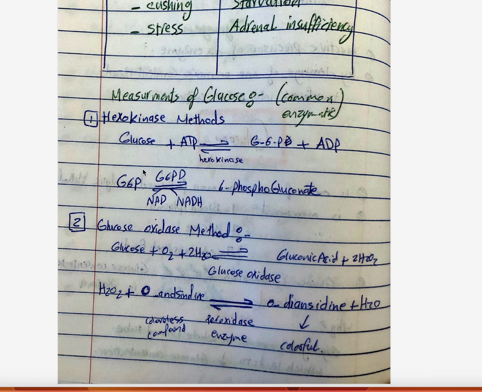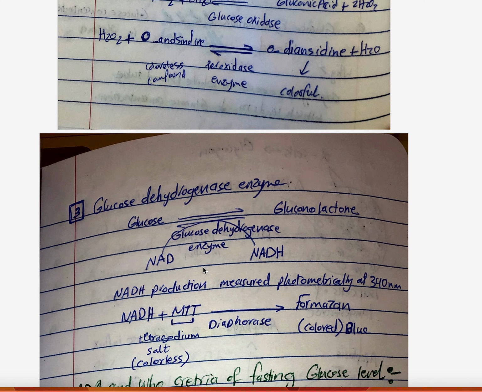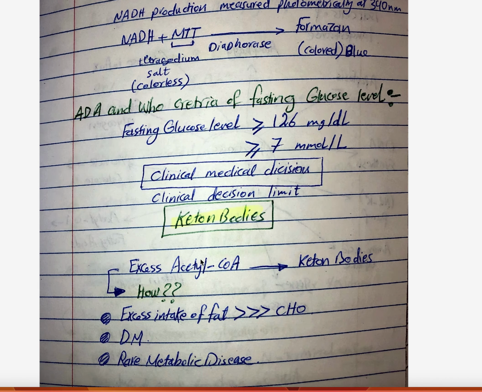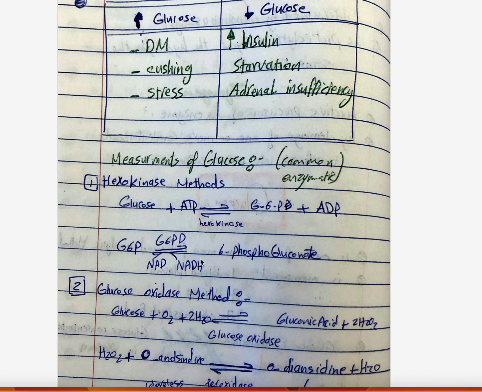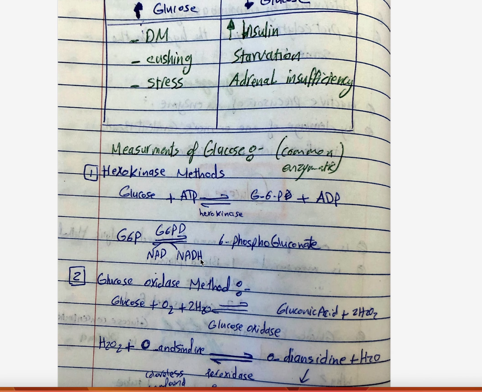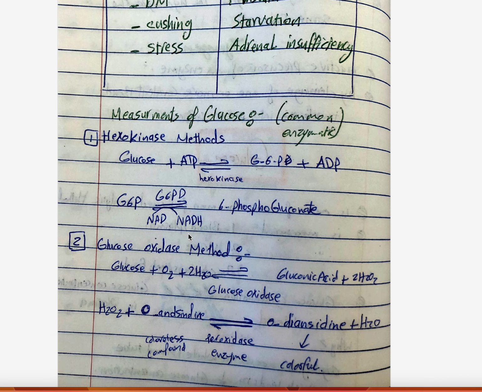So we have many methods of measuring glucose. We can use the hexokinase method, the glucose oxidase method, and we also have the glucose dehydrogenase enzyme.